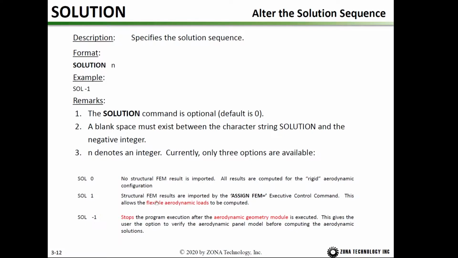In this case, you have to import the structural finite element solution using the ASSIGN FEM equals executive control command. If you say solution -1, that means you want to stop the program execution after the aerodynamic panel model is generated. In this case, you can use the plot command to look at the aerodynamic panel model.